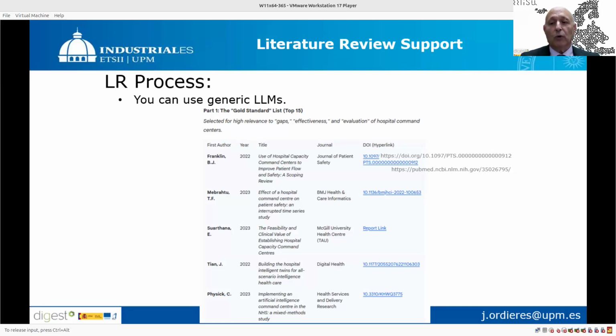One thing I wanted to show you is that if you visit this DOI, you will realize that it doesn't work. Basically, it exists, but it's a completely different paper. And this is another source of hallucination of LLMs.